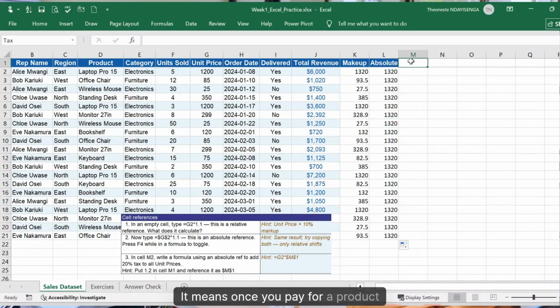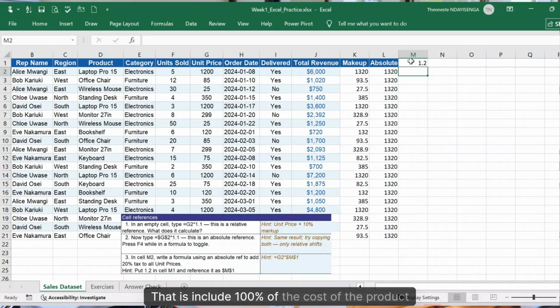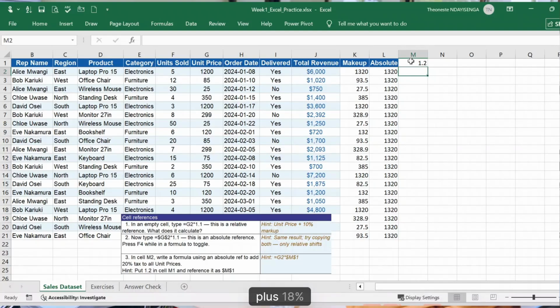Once you pay for a product, you pay 100% plus 20% tax, which is equivalent to 1.2, and this is also equal to 120%. Let's take an example in Rwanda. When you want to buy a product here in Rwanda, you pay 118%, which includes 100% of the cost of the product plus 18% for the VAT. For now, in this country, it is 20%.